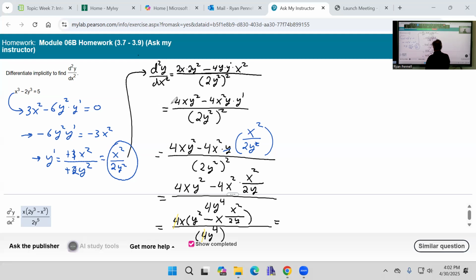Okay, so this is x over y to the 4th. And then I want to put everybody over the same denominator. So this is going to be 2y to the 3rd over y minus x cubed over.